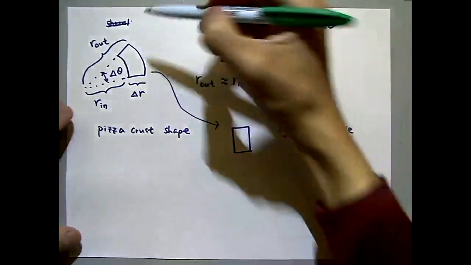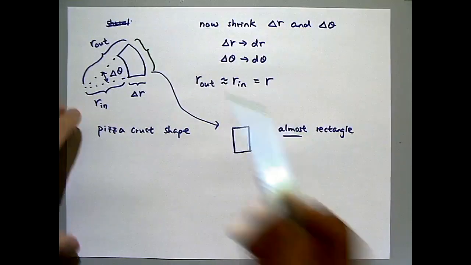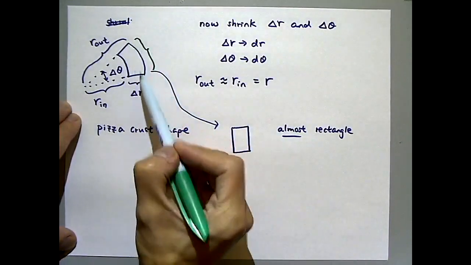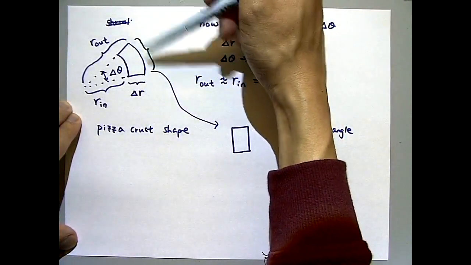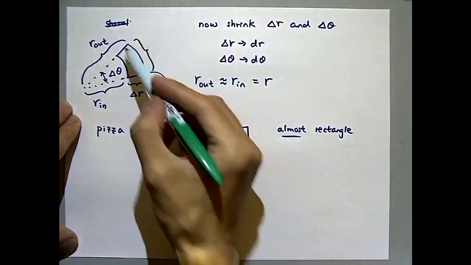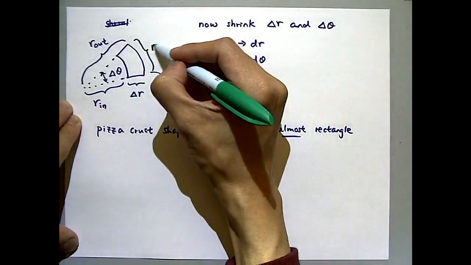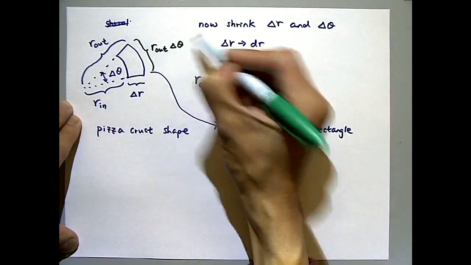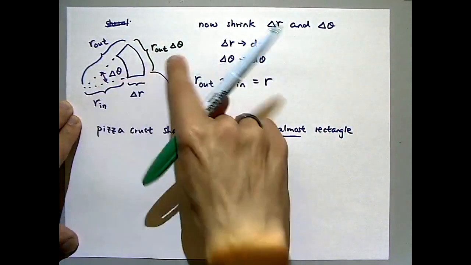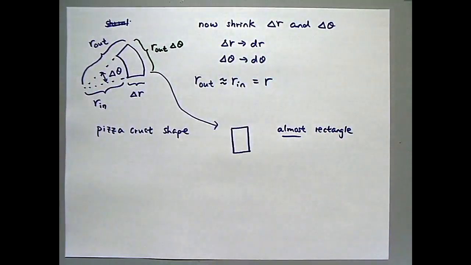You remember how to find a curved part of a circumference? The circular segment, I guess that's what it's called. If you don't remember, you need to find the radius times the included angle. So that's what the outer segment will be.